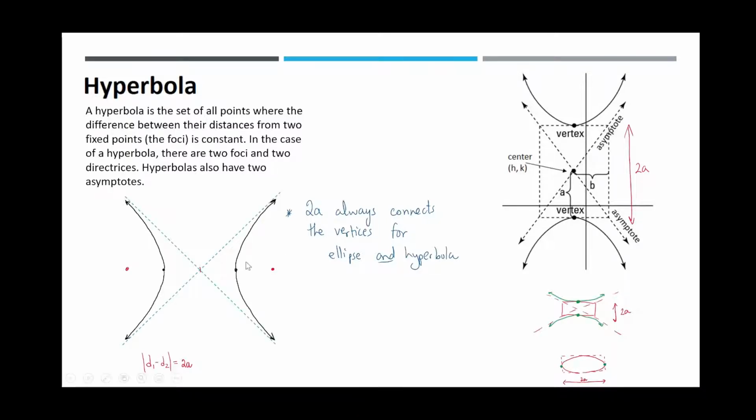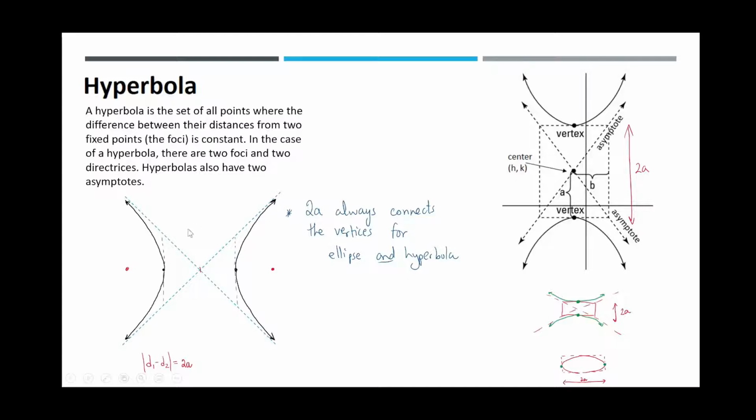Now we will talk about developing the relationship between A, B, and C. So remember, A is from the center to the vertex, and size B is halfway through the box in the other direction, and size C is from the center to the focal point, which would be over here somewhere on the inside of this curvy hyperbola. So on this original picture where I had the hyperbolas, let's envision these asymptotes that the hyperbola is approaching.